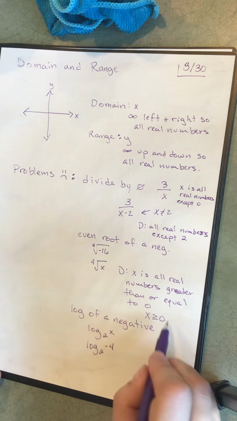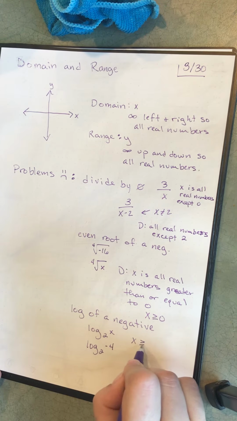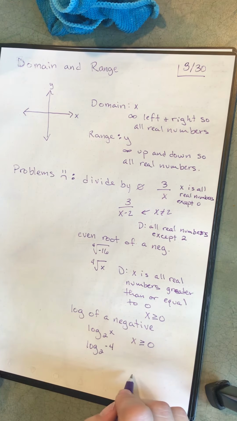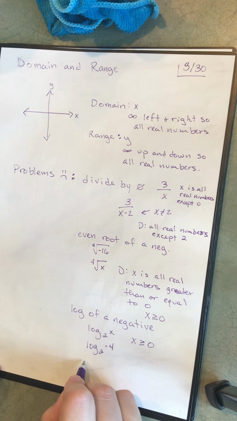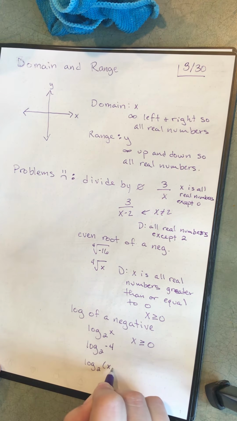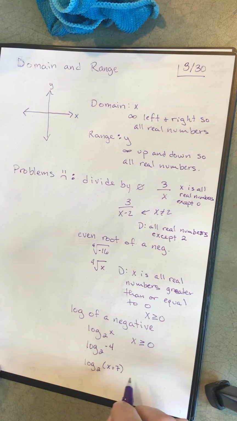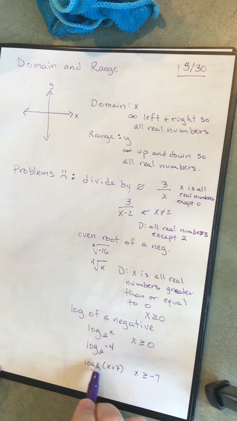So this is going to be the same as up here. x has to be a positive number. And then let's say we have log base 2 of x plus 7. Then x has to be greater than negative 7, because if it's negative 8, we end up with a negative number.